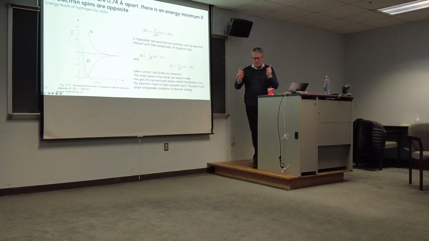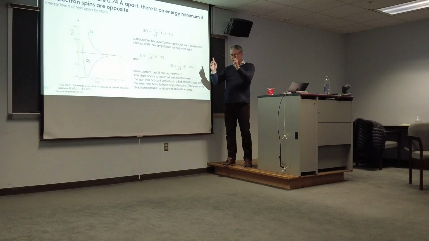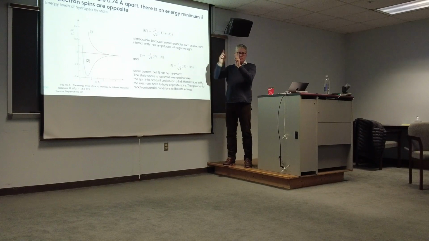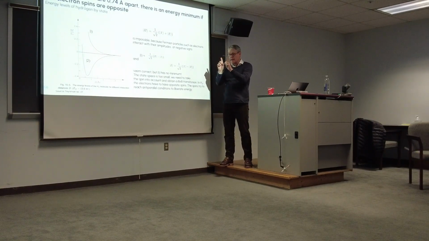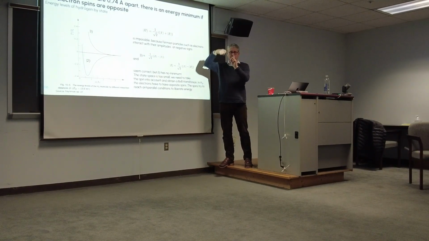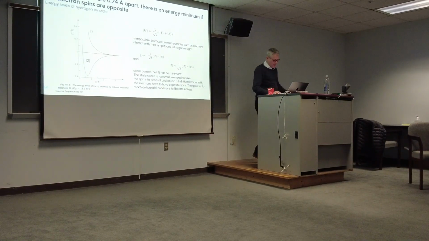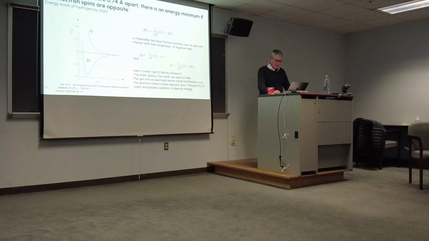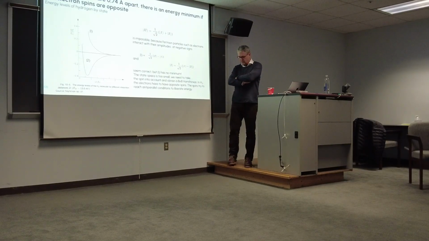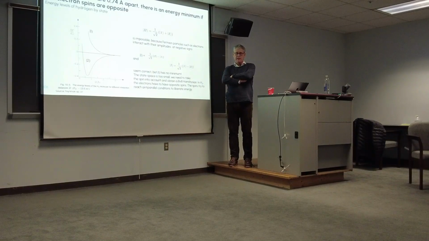So if you have 2 hydrogen atoms with electrons both spin up, they will not combine to a molecule. Only those will combine where one is spin up and one is spin down. Or if you force them to combine, then one electron will change its spin to spin down, and then they can combine. That's a result of quantum mechanics and what you can also measure. This is one of the systems you can still calculate because it only involves 4 particles.